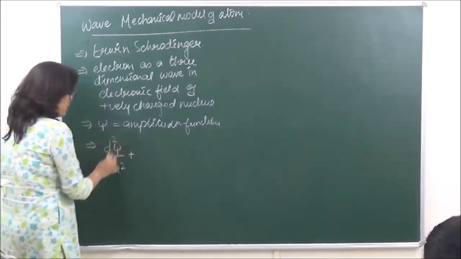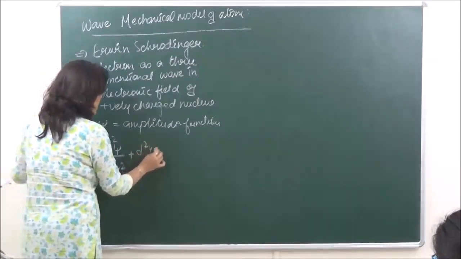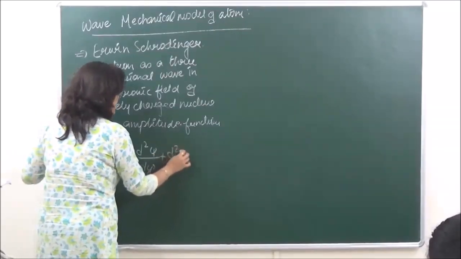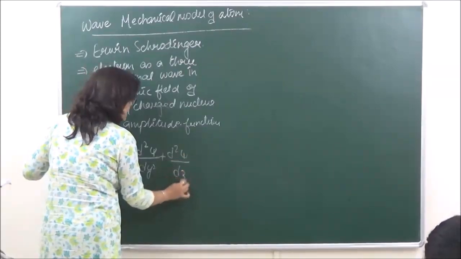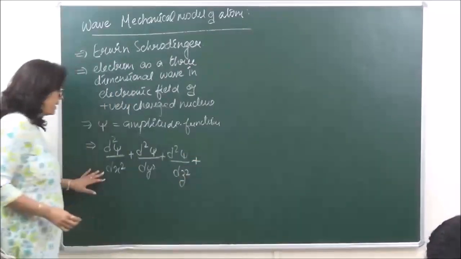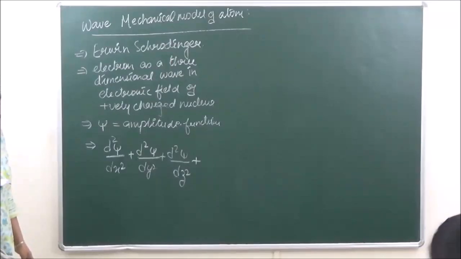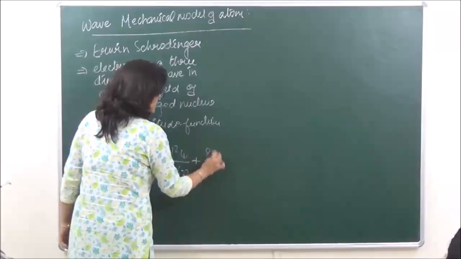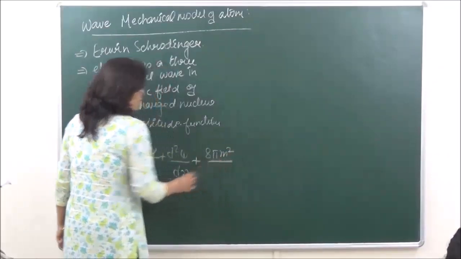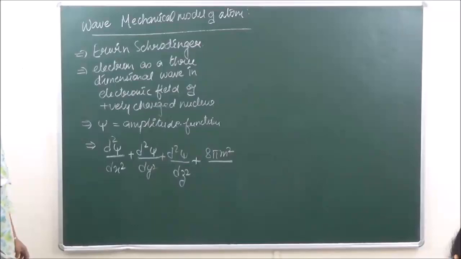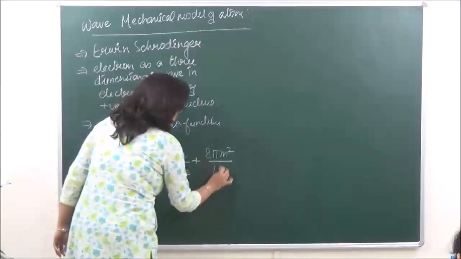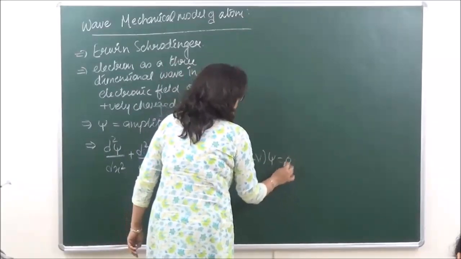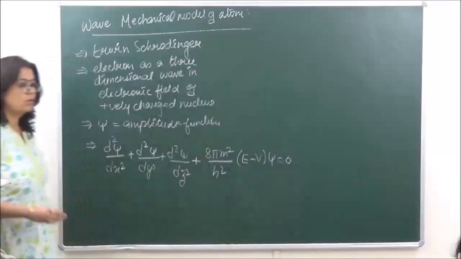So we have d square psi upon dx square plus d square psi upon dy square plus d square psi upon dz square, where x, y and z are the three coordinates, plus 8 pi square m upon h square, into E minus V, into psi, that is equal to 0.